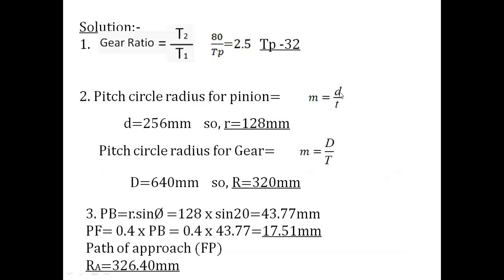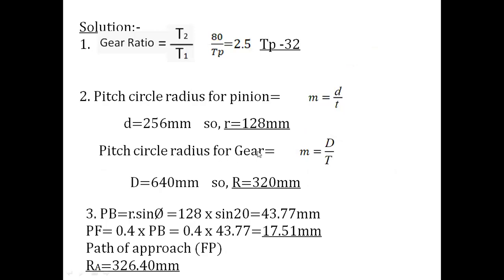So d by cross multiplication, 8 into 32, small d we are getting here is 256. When d is 256, the radius of that diameter is half of 256, which is 128 mm. 128 mm is the value of small r, which is the pitch circle radius.